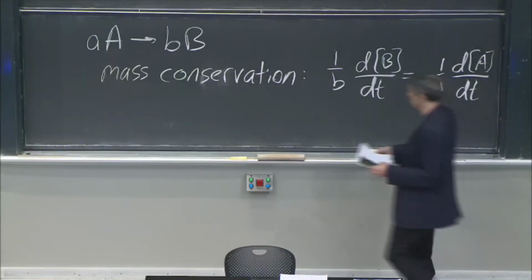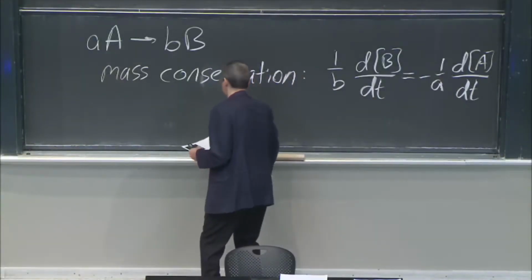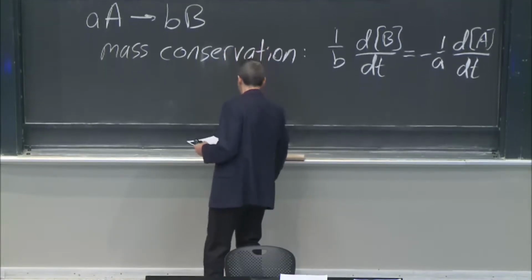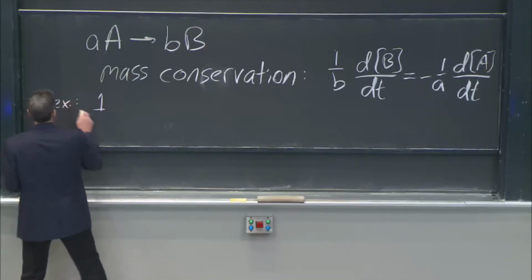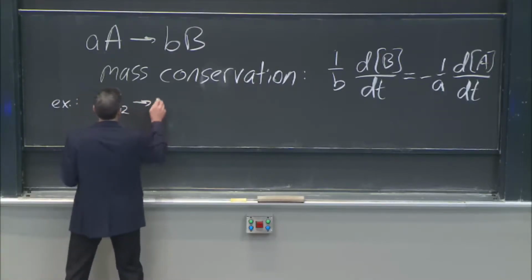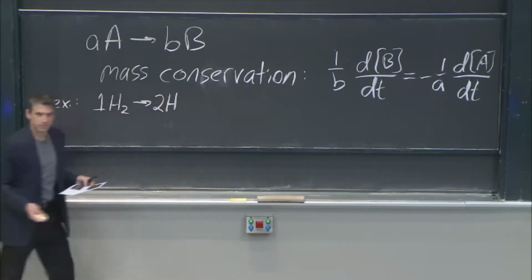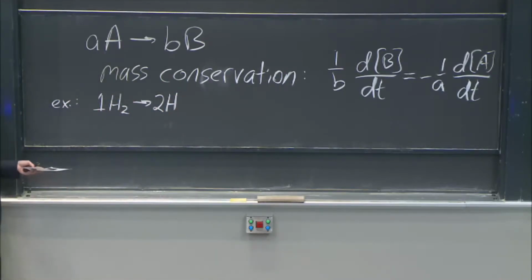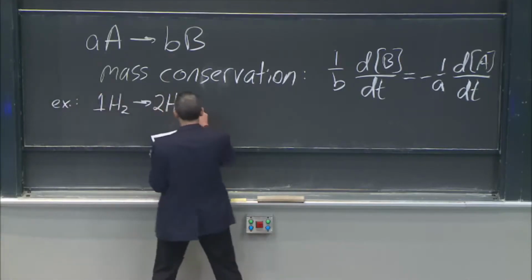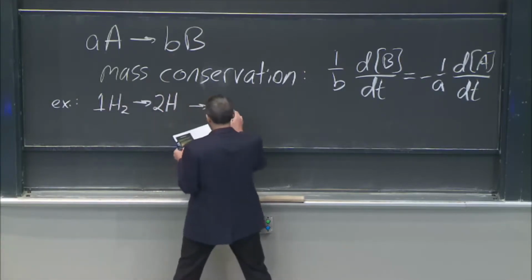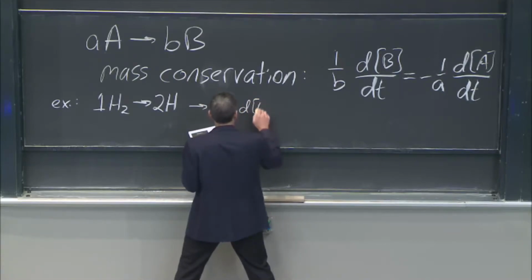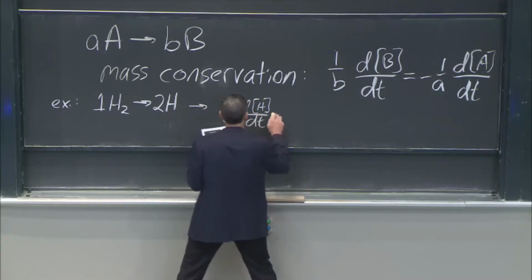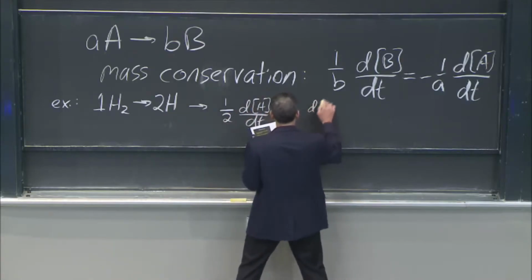Now you can see it. Imagine that this is 1, just as an example: 1 H2 goes to 2 H. I'm not going to lose anything. This would tell you that the rate, if I don't lose anything, would be 1/2 the change in the concentration of H with time, equals minus the change in concentration of H2.